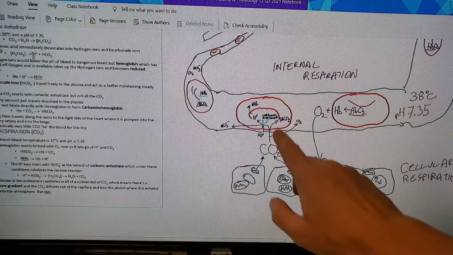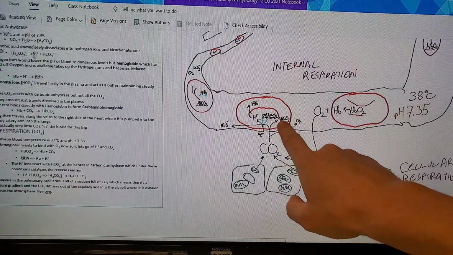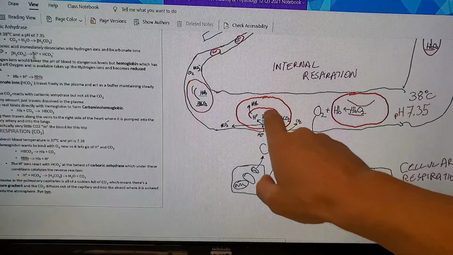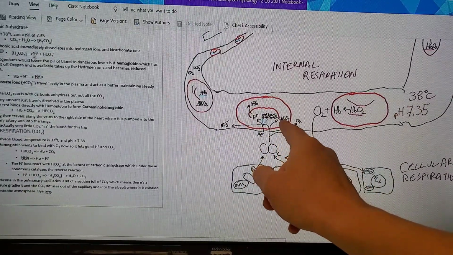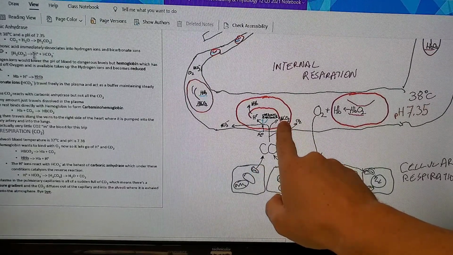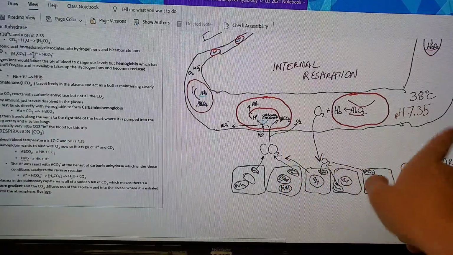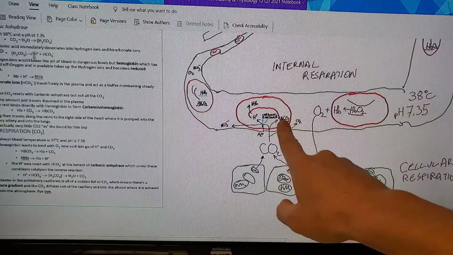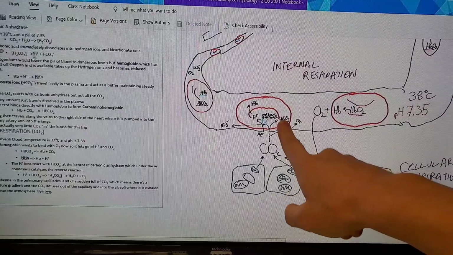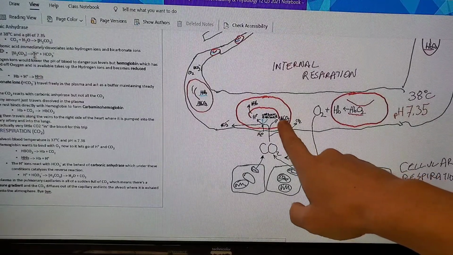Now, also, some of the carbon dioxide, it doesn't do this. It just attaches to the hemoglobin. Just joins with hemoglobin. Hemoglobin now, because of that pH, is also attracted to CO2. And that is called carbaminohemoglobin.